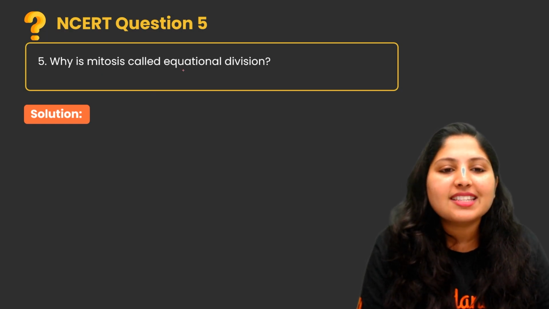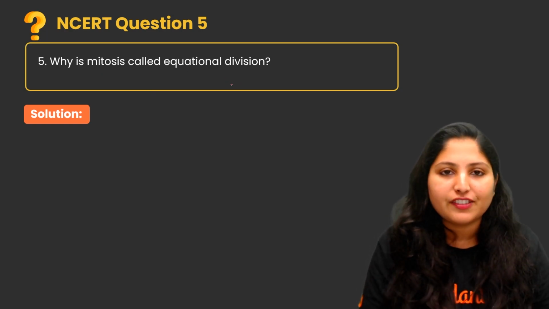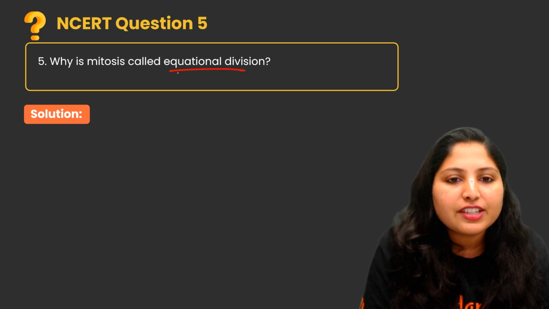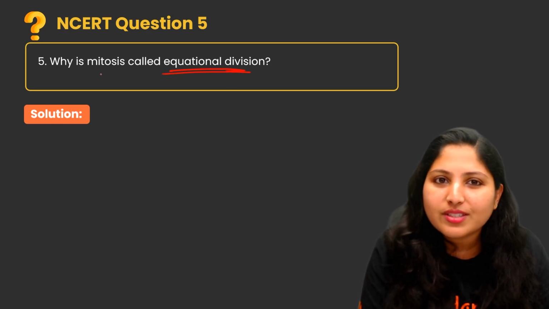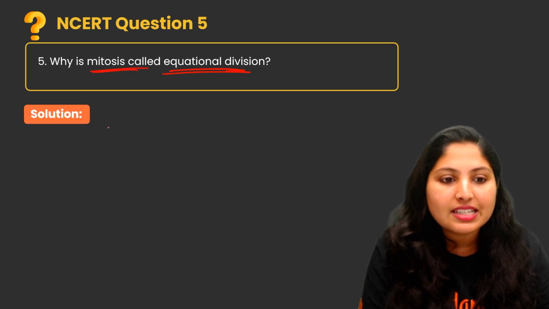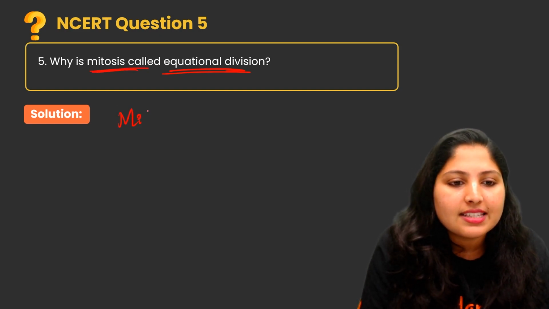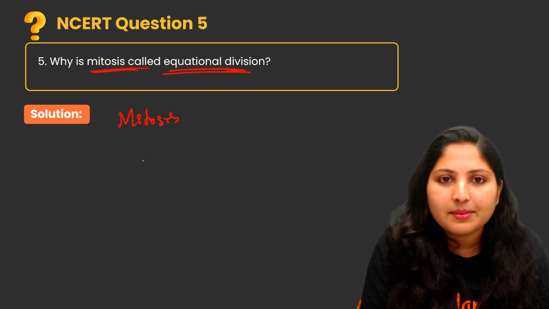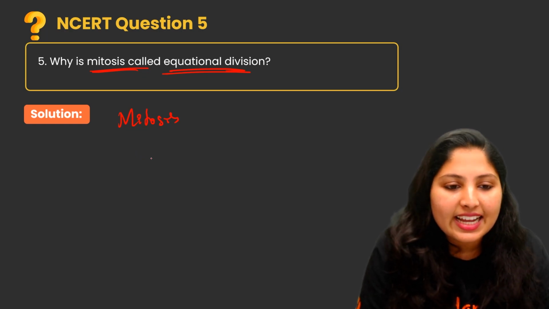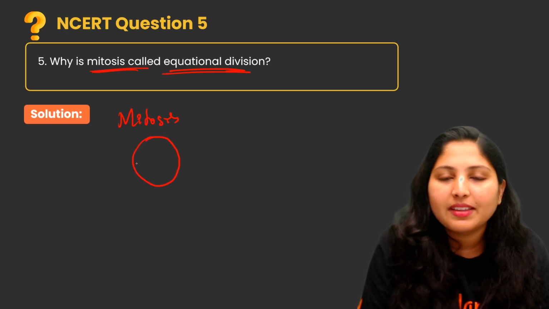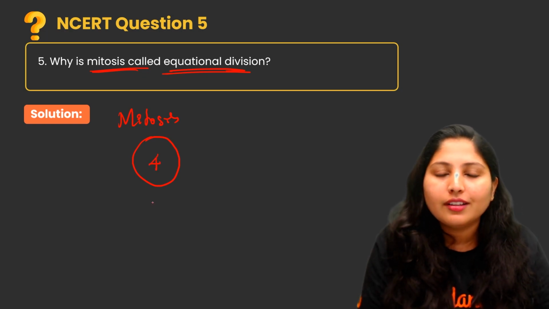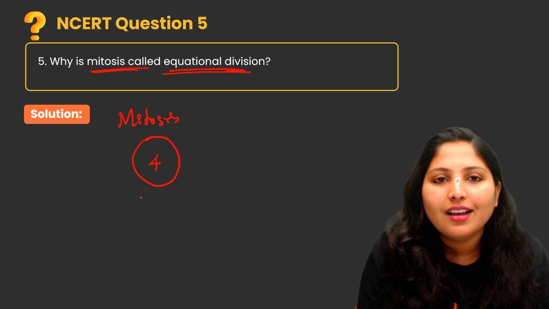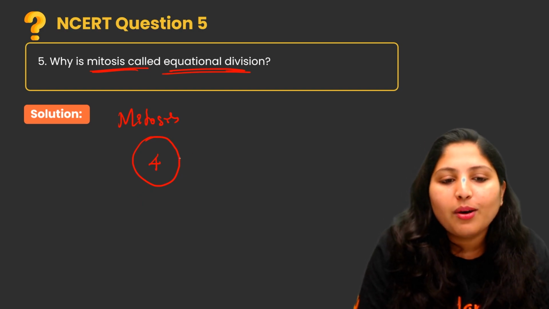Why is mitosis called equational division? What happens in mitosis? Let's consider a cell, the parent cell, consisting of four chromosomes.